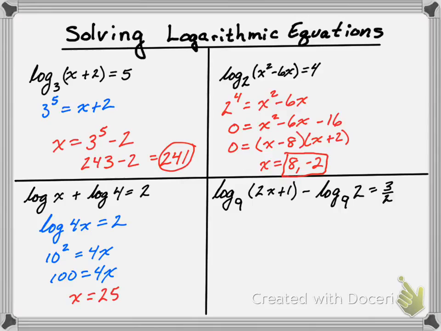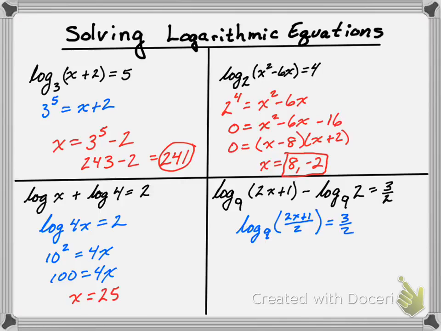All right, so the next one, again, we have two logarithms. This time we are going to condense them, but because there's subtraction in between, we condense through division. So this becomes log base 9 of 2x plus 1 over 2 equals 3/2.